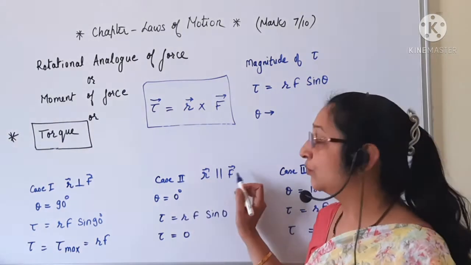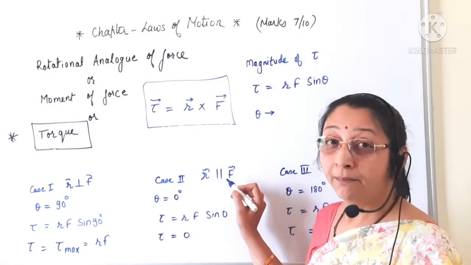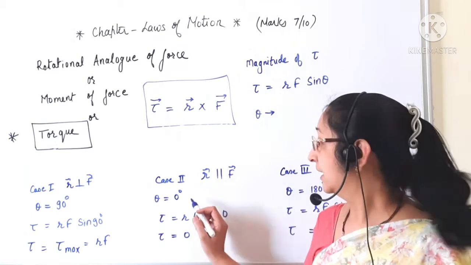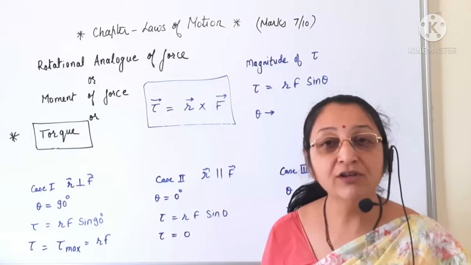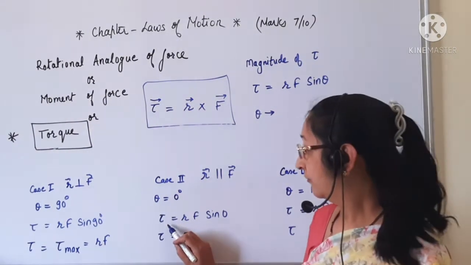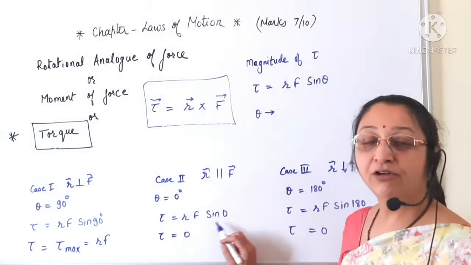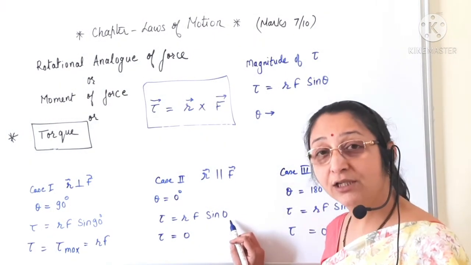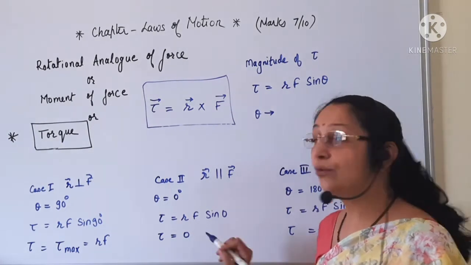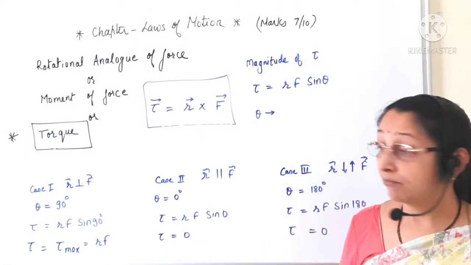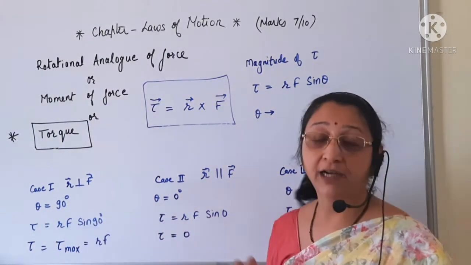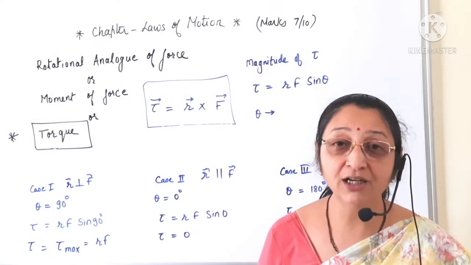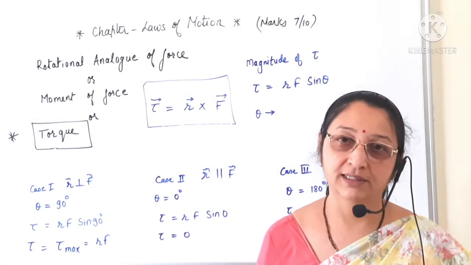Now in case 2, when R is parallel to F, that is, the angle between R and F is 0, then tau is R into F into sine 0, but sine 0 is equal to 0. So tau is equal to 0. So if the directions of R and F are parallel to each other, then no torque is applied.